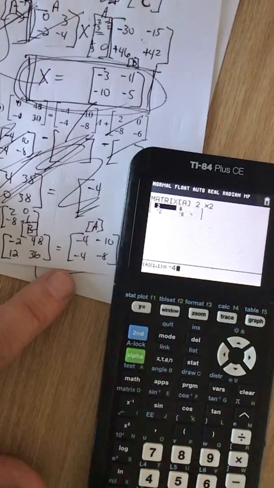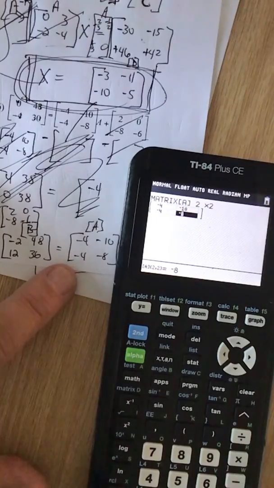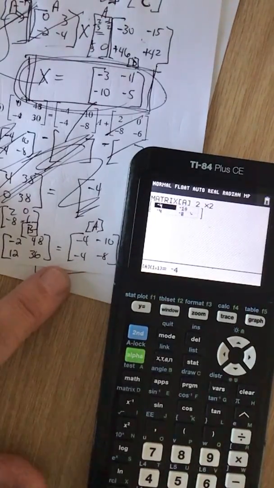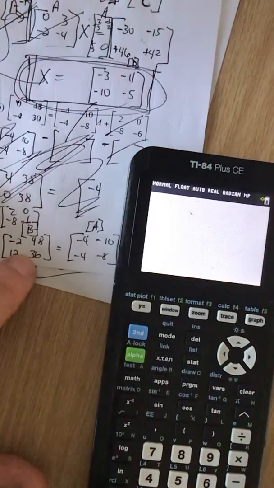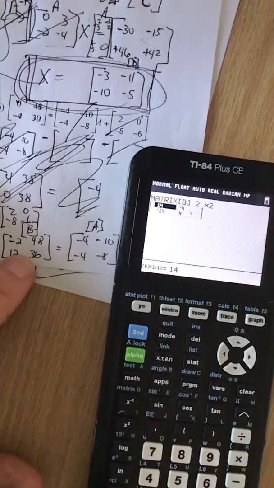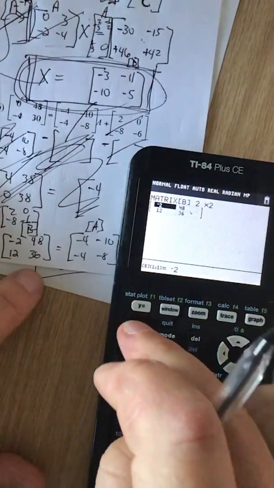Matrix A is a 2 by 2. It's negative 4. So there's matrix A. I'm going to put this one in matrix B. 2 by 2, negative 2, 48, 12 and 36.